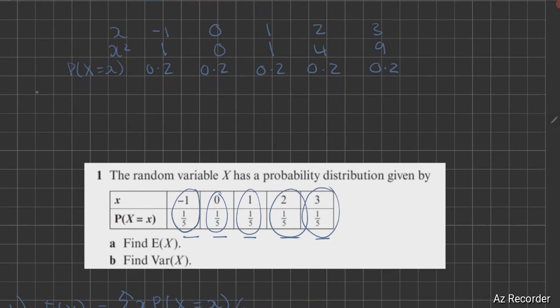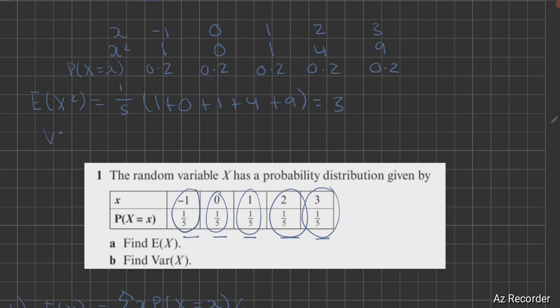Okay, so finding E(x squared), we have 1/5 times 1, add 0, add 1, add 4, add 9. And then if we simply put this into a calculator, we should get 3.